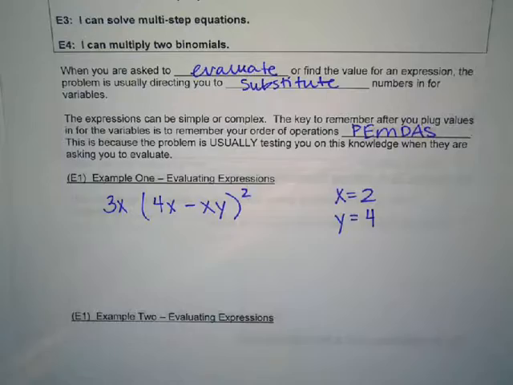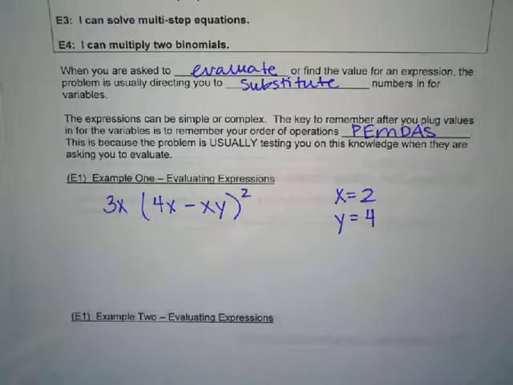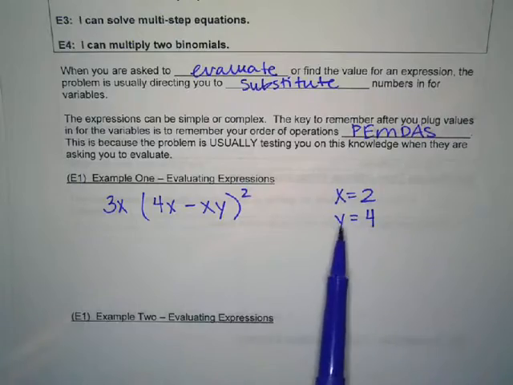Now, they would have this information in a paragraph of some sort, but the paragraph would say something like, evaluate this expression for the values of x equals 2 and y equals 4. So you would see that jump out at you. Now again, if it says evaluate, all it's asking you to do is substitute these numbers in for x and y.